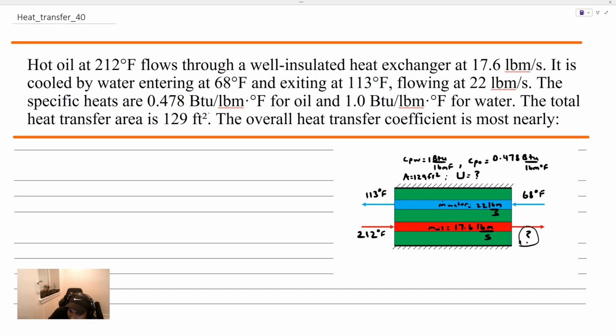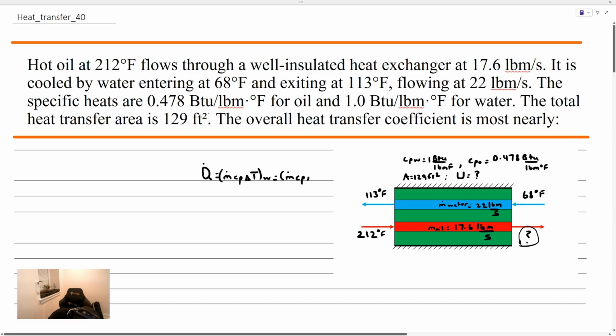Also, we can note that the heat transfer loss from the oil is the same as the gain from the water. So we could state that the heat transfer rate is mass flow rate times Cp times delta T of the water, and that's equal to mass flow rate times Cp delta T of the oil.